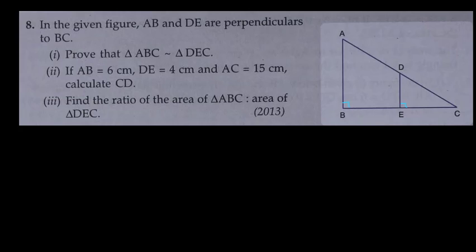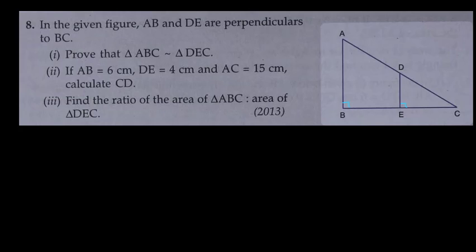Second, if AB is equal to 6 centimeter, DE is equal to 4 centimeter, AC is equal to 15 centimeter, we have to calculate the value of CD. And third, find the ratio of the area of triangle ABC and area of triangle DEC.